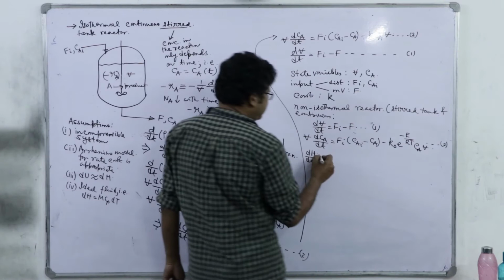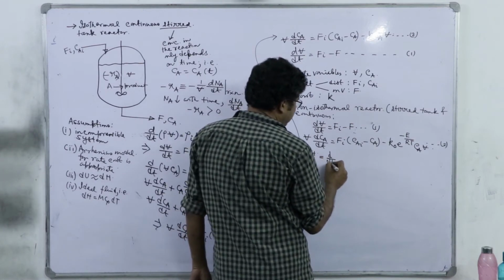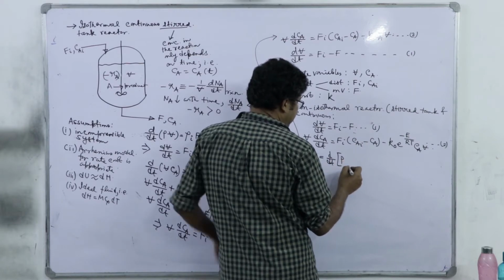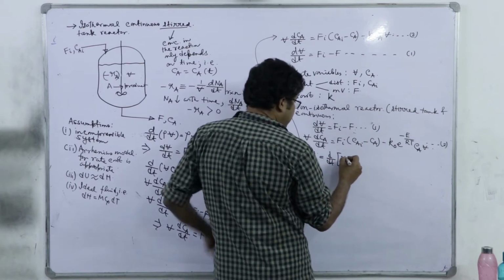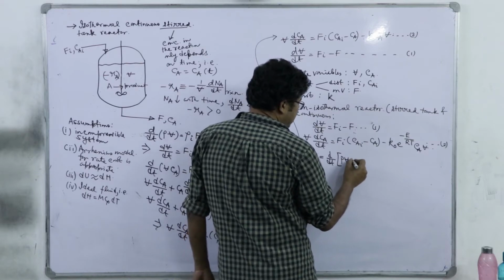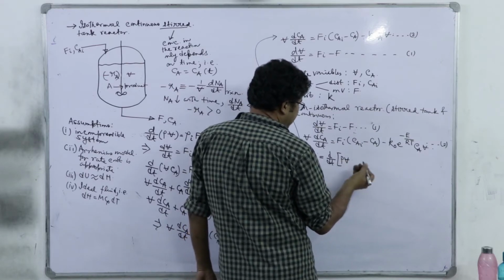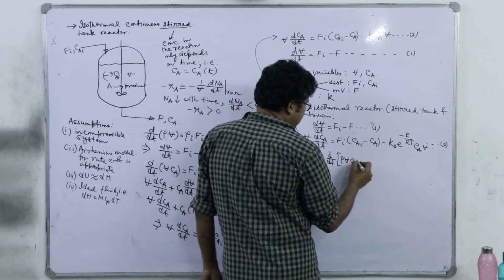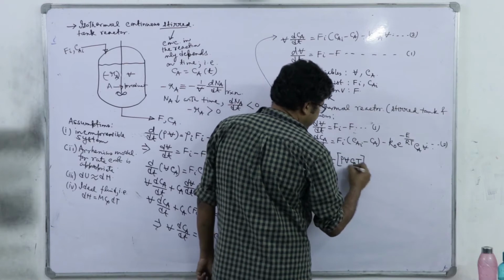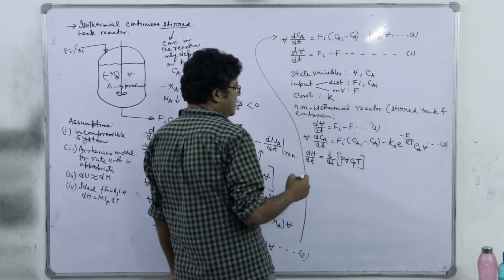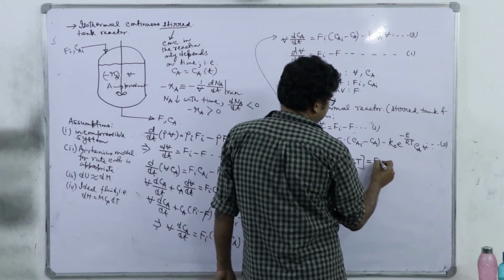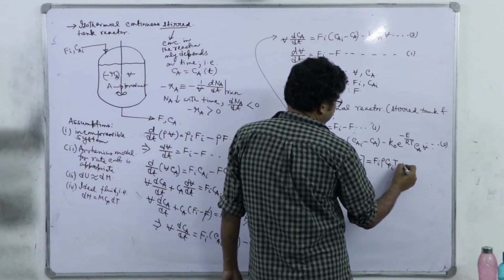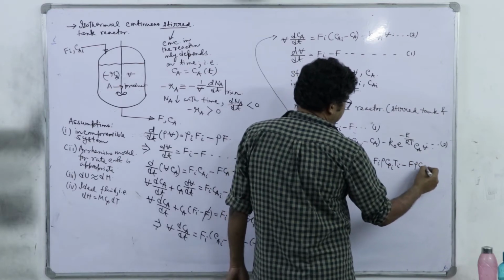So, this is d/dt of m, which is rho into V, the mass, into Cp into T, right. Next, it is equal to Fi rho Cpi Ti minus F rho Cp T.